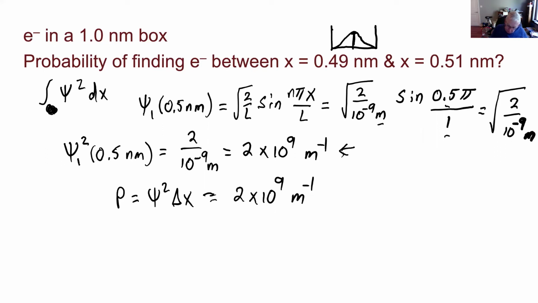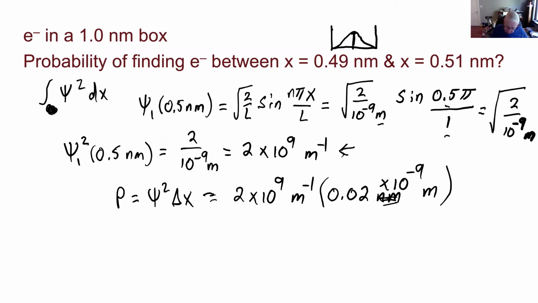And now I'm going to multiply that by 0.02 nanometers, and I should have written that as 0.02 times 10 to the minus 9, so it's in meters to go with inverse meters over there. If I take those and multiply them out, the 10 to the 9th and the 10 to the minus 9th are going to take care of one another.